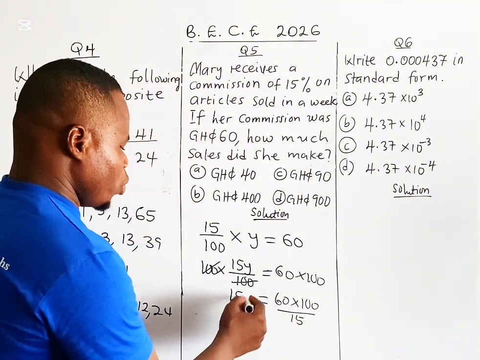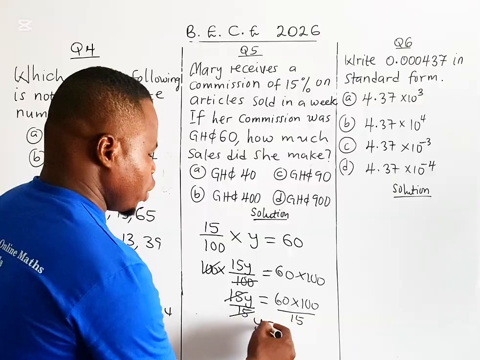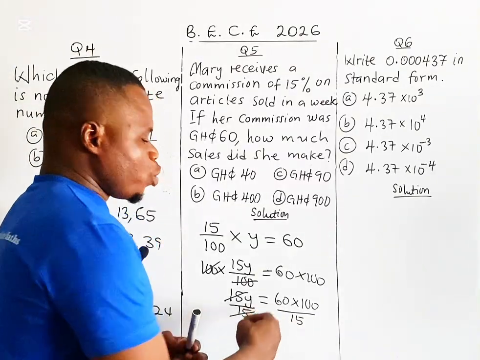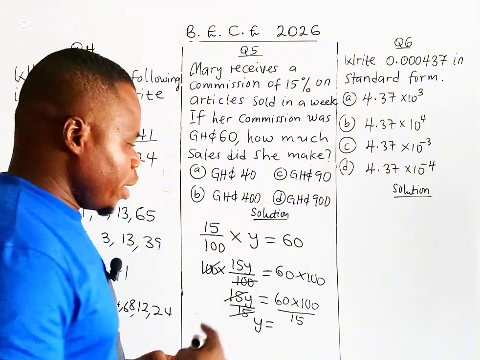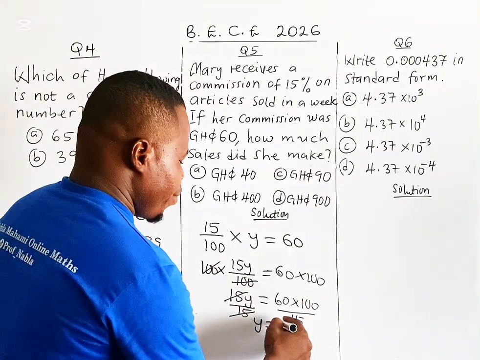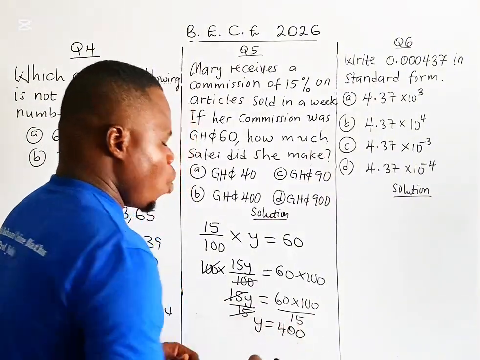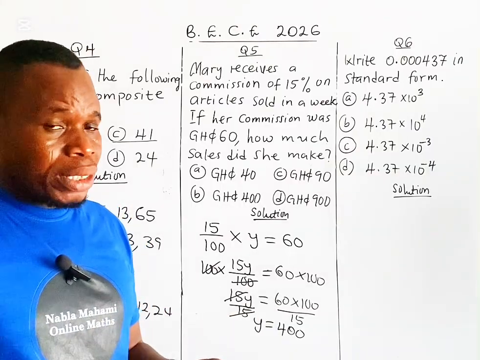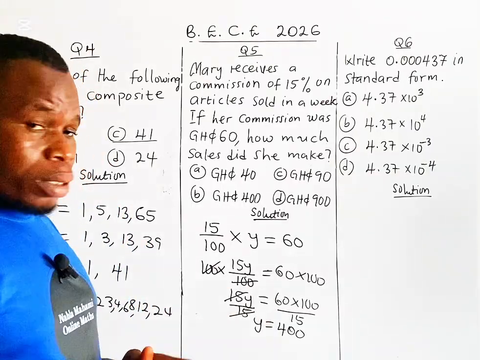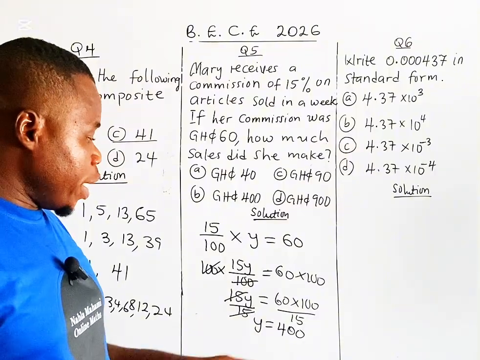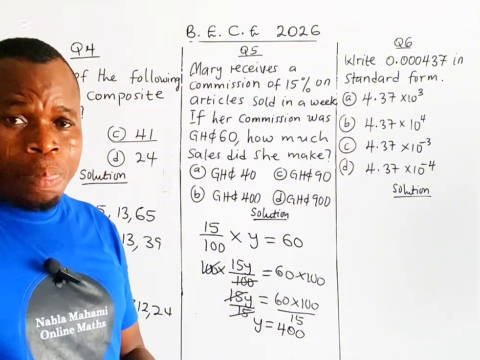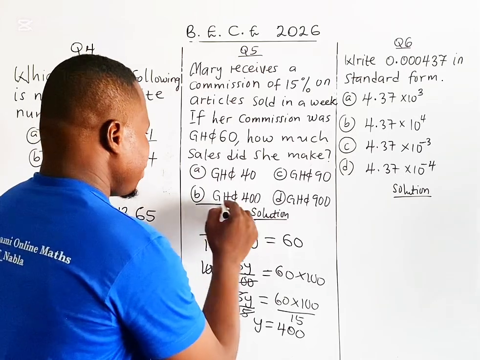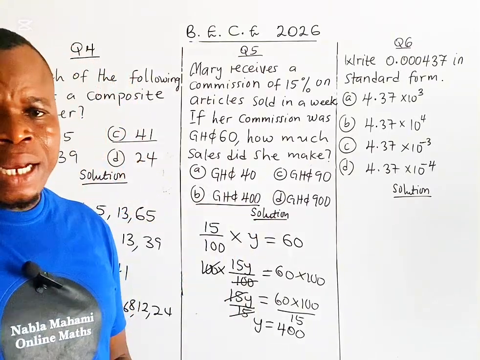So this one will take this, leaving only Y, which is equal to, 15 can go into 60 4 times. Then I'll use the 4 and multiply by 100, and that will give me 400. So the amount Mary sold the items in that week is 400 Ghana cedis. So we go to the options. The correct answer is B, 400 Ghana cedis.